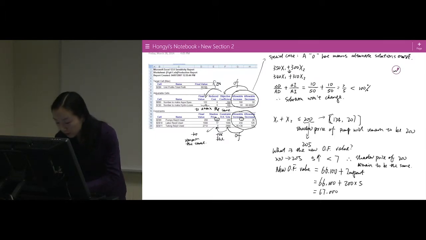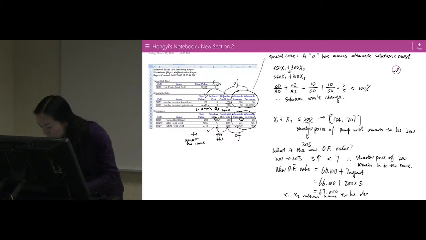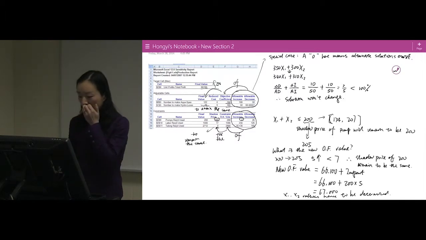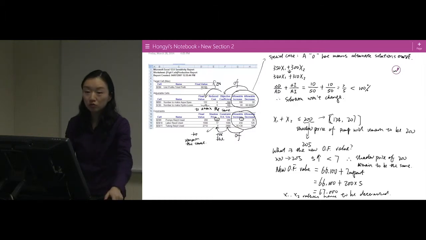Then the x1, x2 values have to be determined. If the manager really wants to know what the new solution is, then you have to resolve the problem to get it.